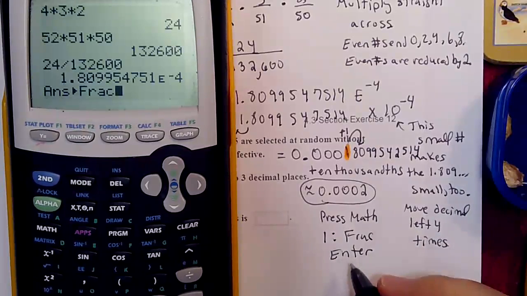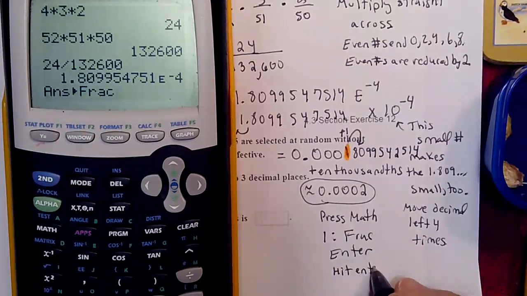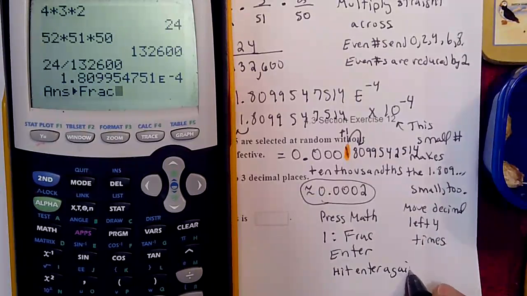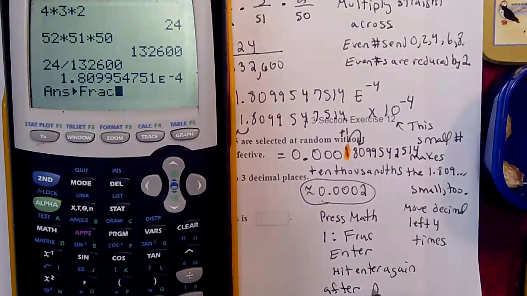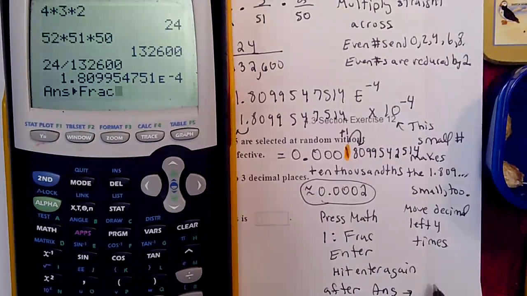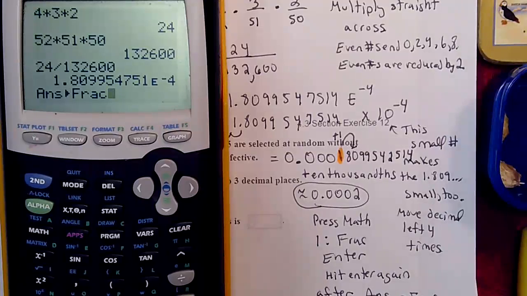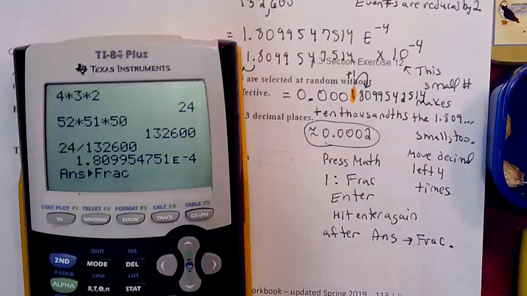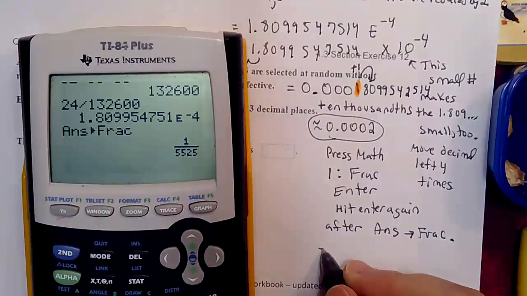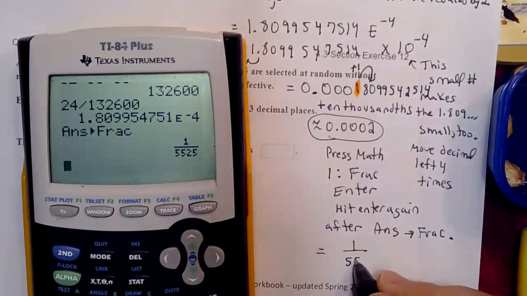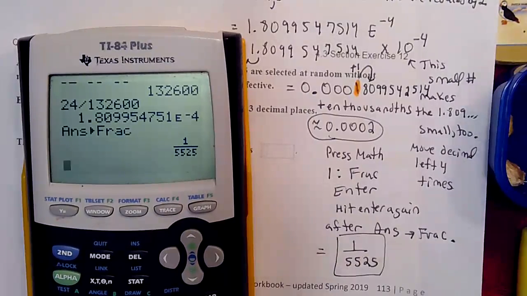And then you go ahead and hit enter again. See how it reduced it? 1/5,525. So it got reduced. Okay.